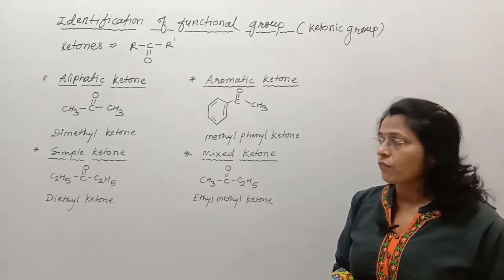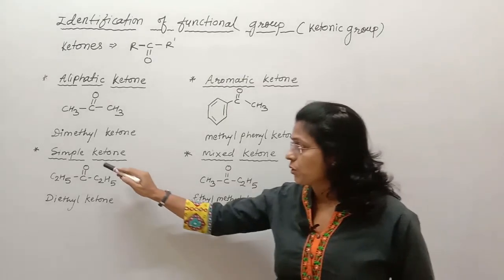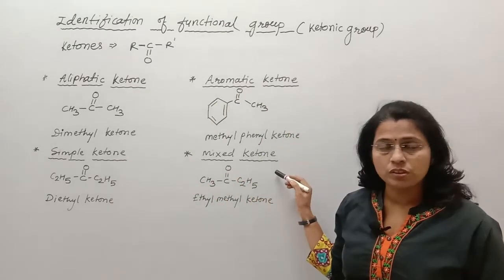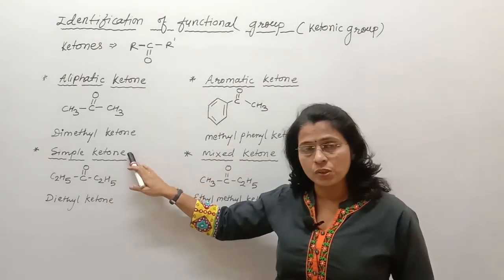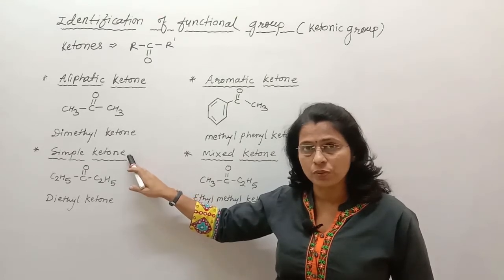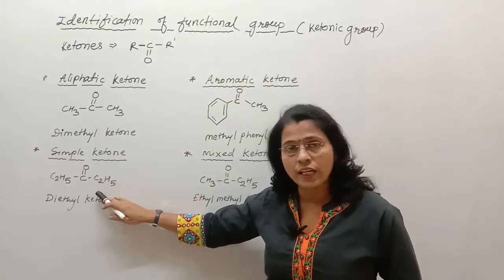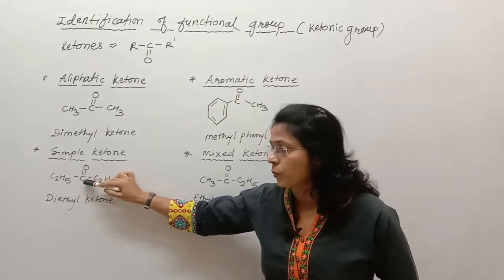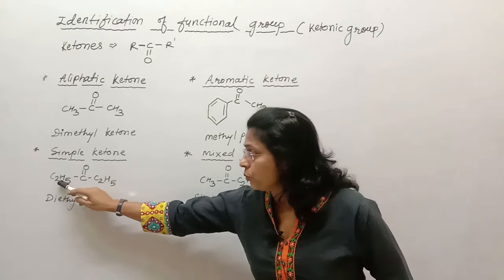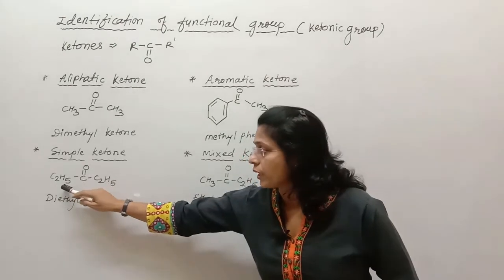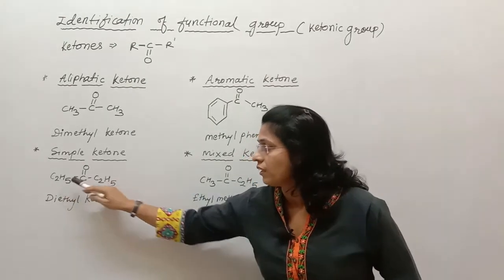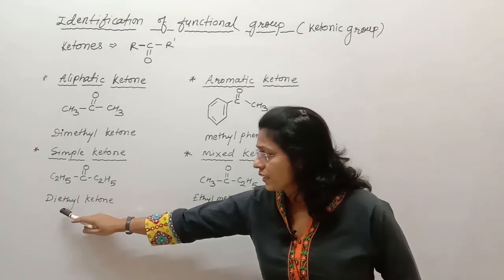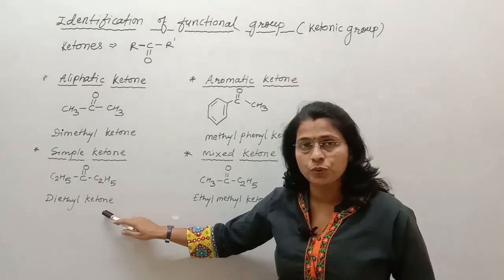Again, ketones are further classified into simple ketones and mixed ketones. Simple ketones are also called symmetrical ketones. These are organic compounds in which the carbonyl group is attached to two same alkyl groups. See, ethyl, ethyl. Both alkyl groups are the same. That is, it is diethyl ketone.